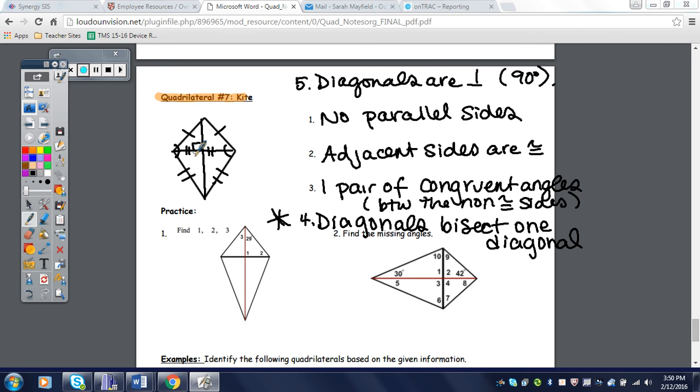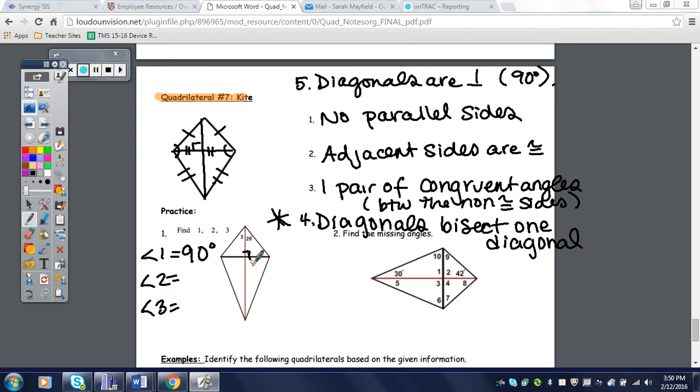Okay? So if we look at this first practice problem, angle 1, angle 2, angle 3. Alright, so angle 1 we immediately know is 90 degrees. Okay, so I know this is 90 degrees.